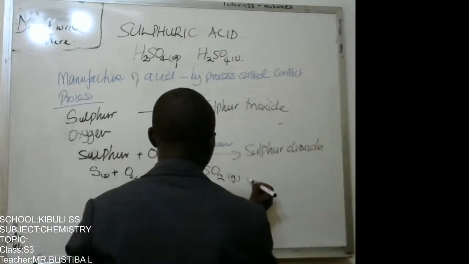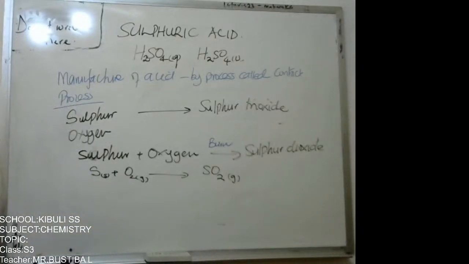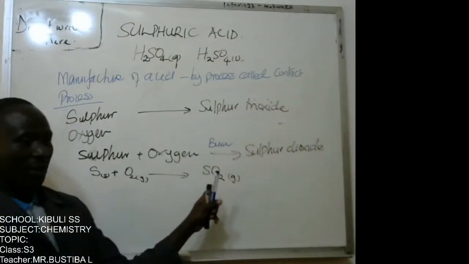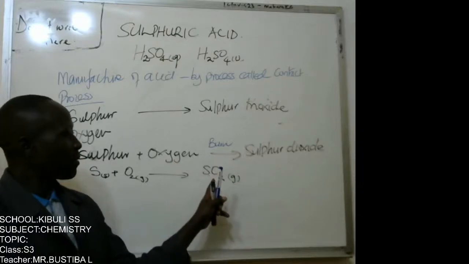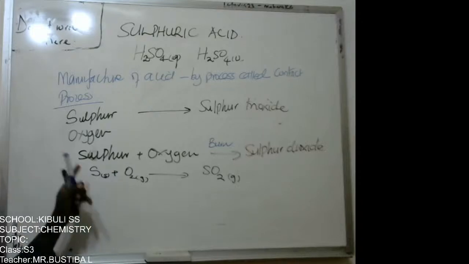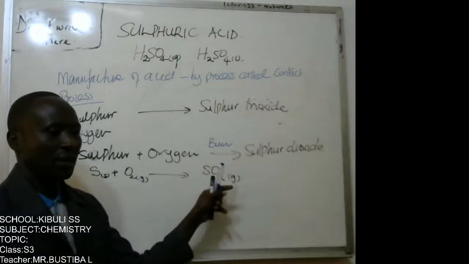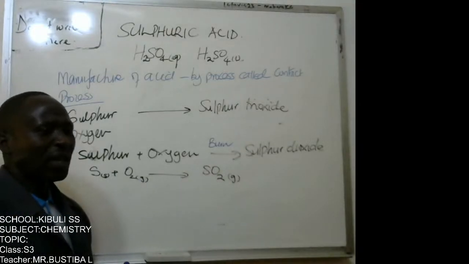This reaction is one step. So I can begin manufacture of sulfuric acid from sulfur dioxide. I can begin manufacture of sulfuric acid from sulfur. If I begin from sulfur, we burn sulfur in oxygen, excess oxygen, to form sulfur dioxide.